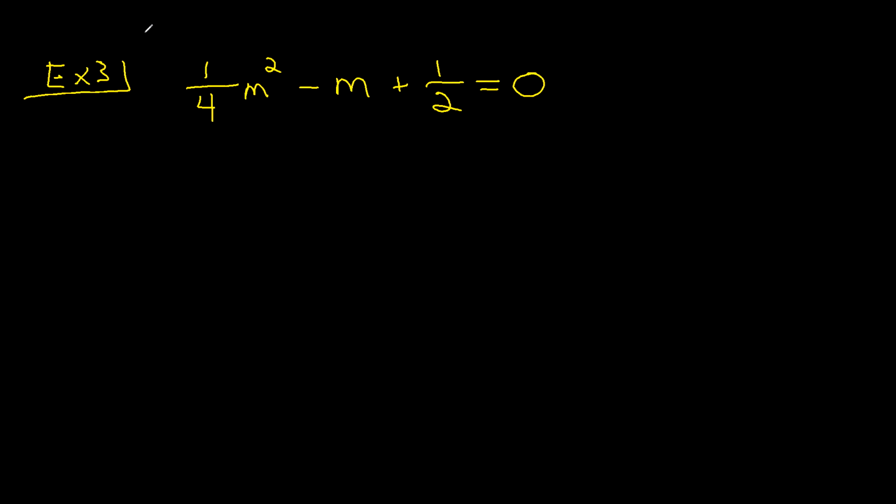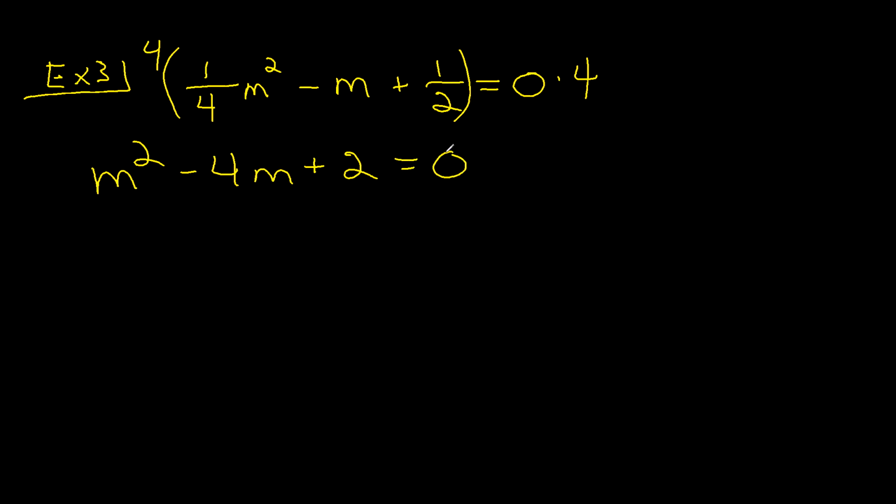So in this case, if I clear the fractions, I'm going to multiply everything by the LCD, and the LCD happens to be 4. Okay, so if I multiply this side by 4 and this side by 4, then I'm going to end up with m squared minus 4m plus 2 equals 0.